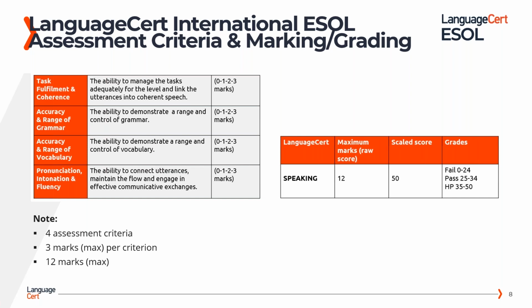The second criterion, accuracy and range of grammar, is a measure of the candidate's ability to demonstrate a range and control of grammar. The third criterion, accuracy and range of vocabulary, is a measure of the range and control of vocabulary.